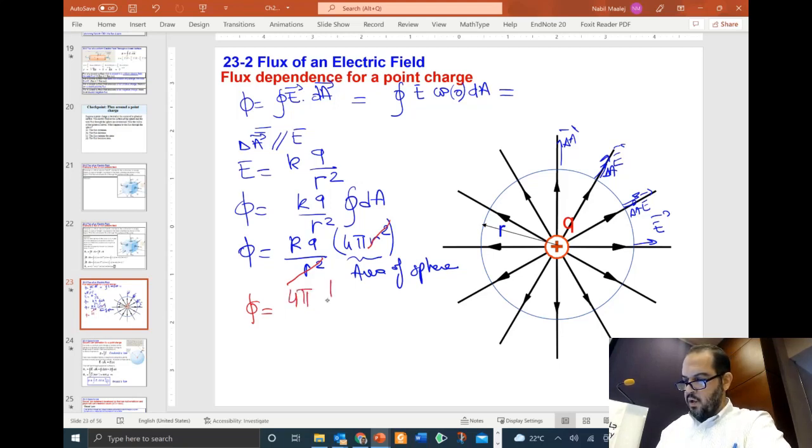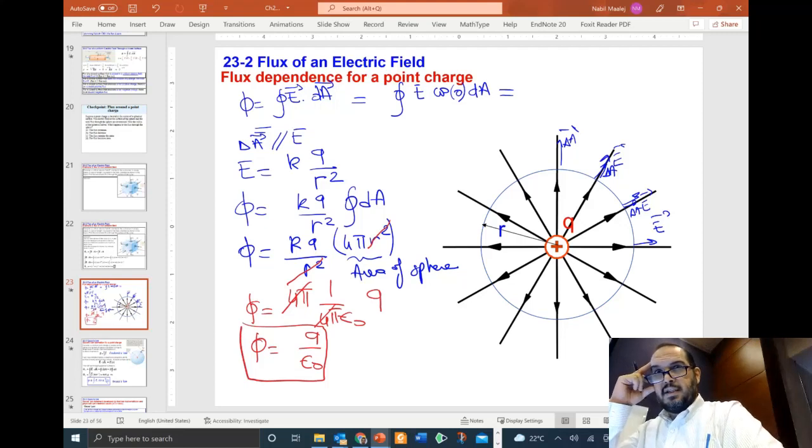Remember, k is 1 over 4 pi epsilon 0. So the 4 pi's cancel, and we end up with the flux being just equal to the charge q divided by epsilon 0.